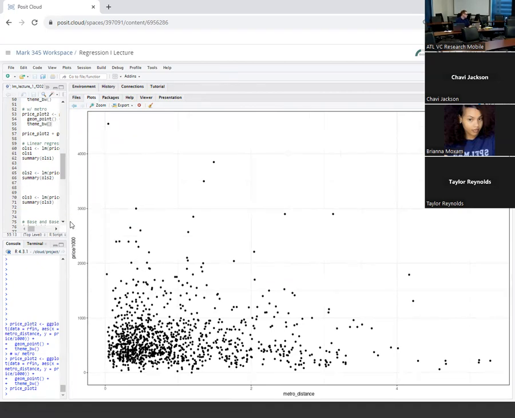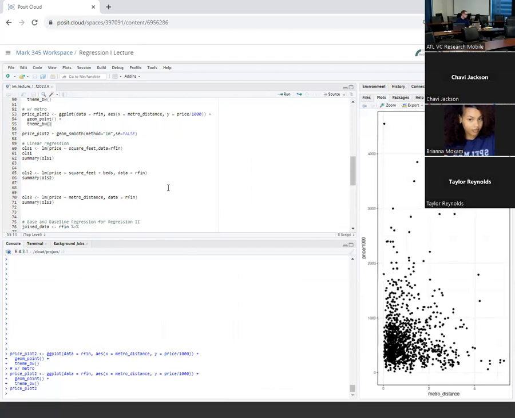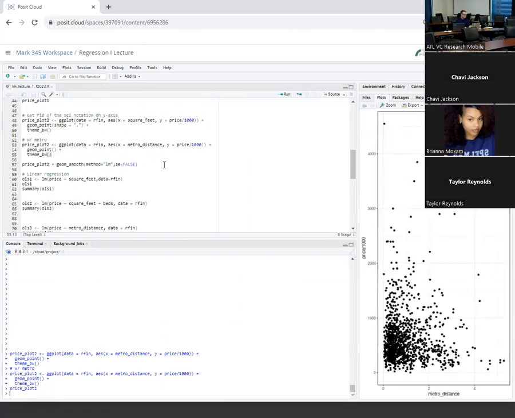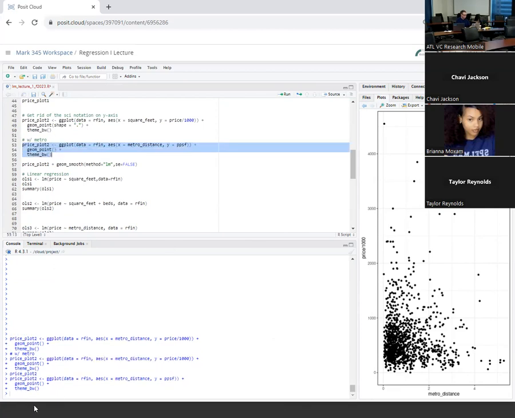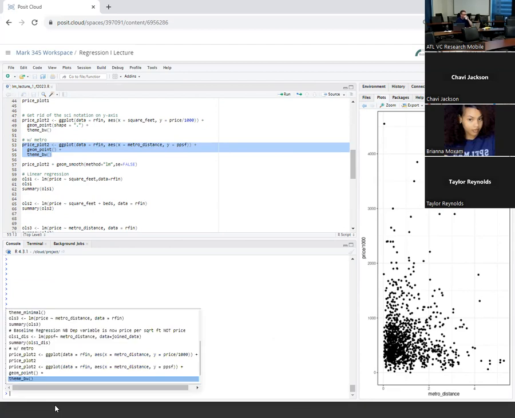Now let me do that same graph, but I'm going to change the price here to price per square feet, and run that again and plot it.